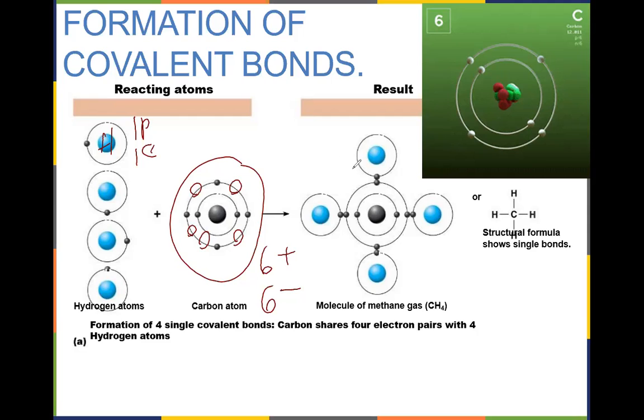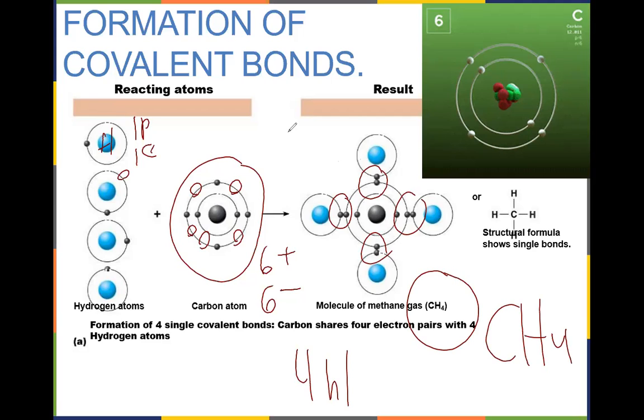The hydrogen wants to have another electron in each one of its valence shells. The hydrogens and the carbon will come together and share their electrons so that we have a single bond here, here, here, and here. This is methane. We write it as CH4, 4 hydrogens and 1 carbon. This is methane gas.